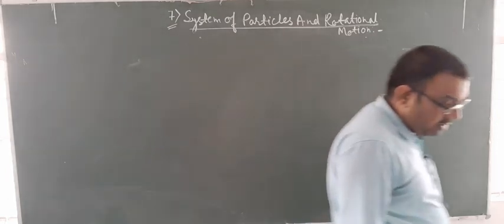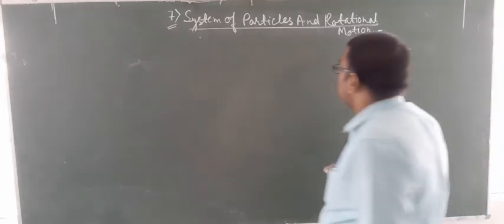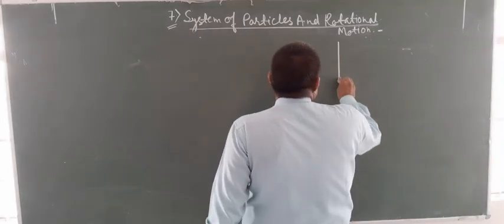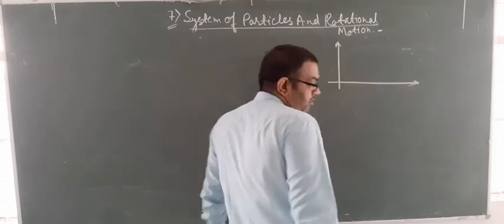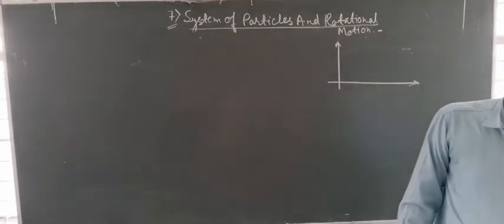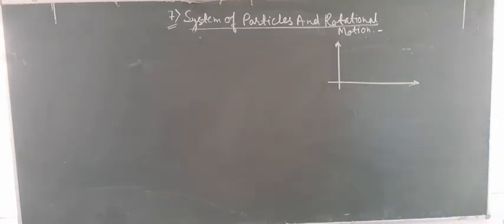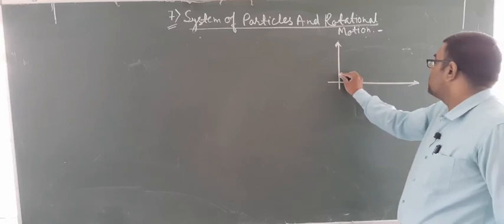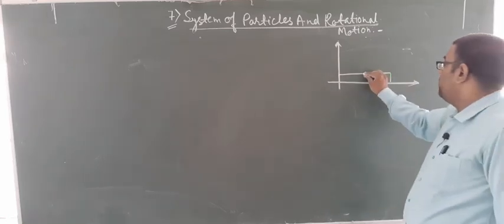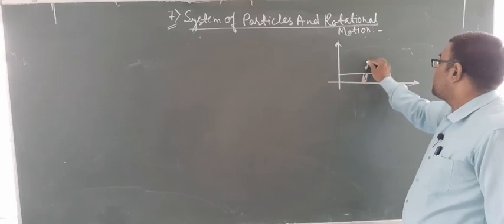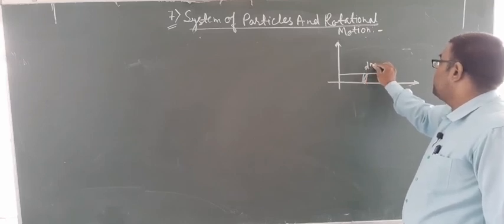We have to calculate the center of mass for a uniform thin rod. Suppose this is the rod, and we consider a small mass dm here.